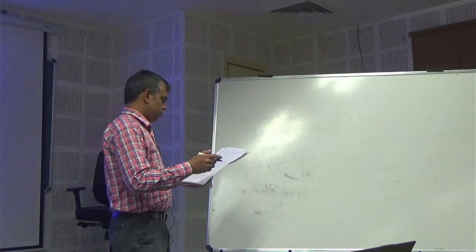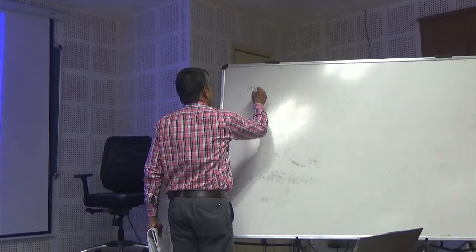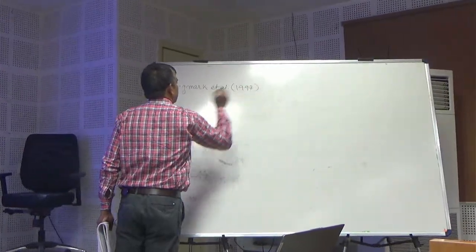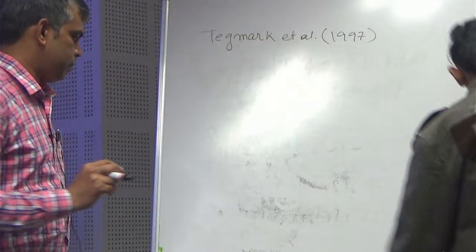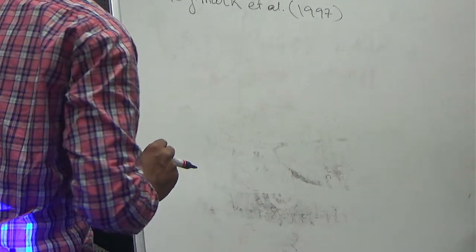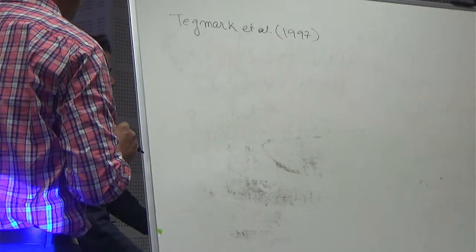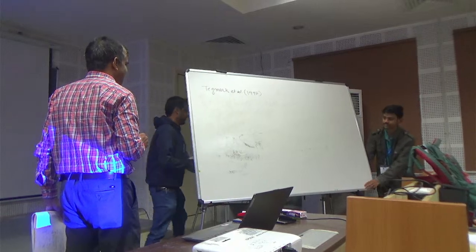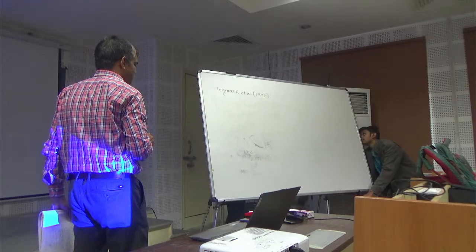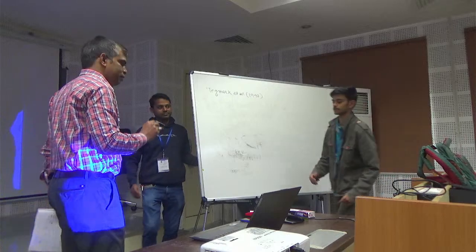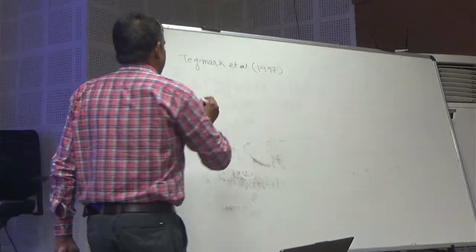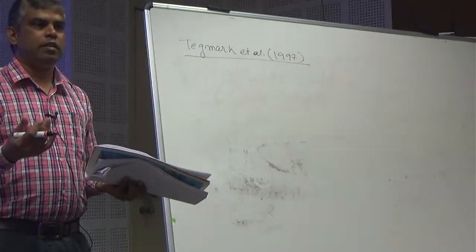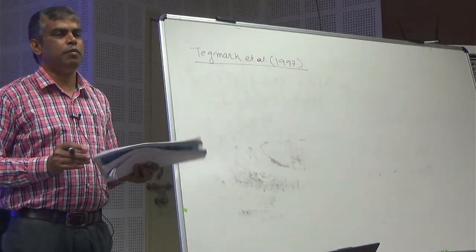In a paper by Tegmark et al., it is written that inside a dark matter halo you have baryonic matter, and initially you can also have molecular hydrogen.